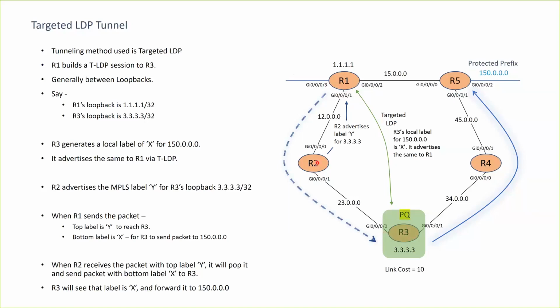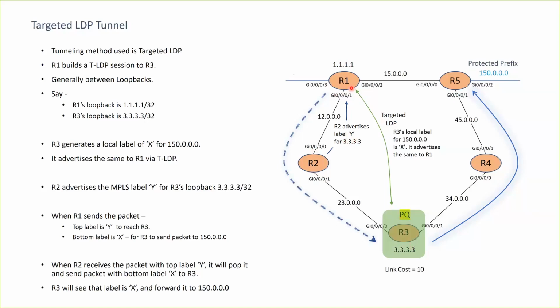Say R3 has a loopback, and the TLDP session is between loopbacks. Now R3's loopback is 3.3.3.3, which is advertised to R2 as well. R2 would have generated a label for 3.3.3.3 and R2 will advertise it to R1. So say R2 advertises label Y for 3.3.3.3. R1 will use a top label of Y and a bottom label of X.